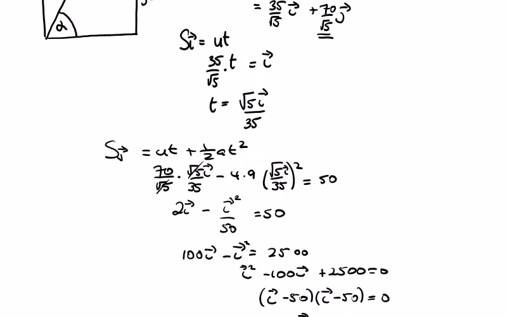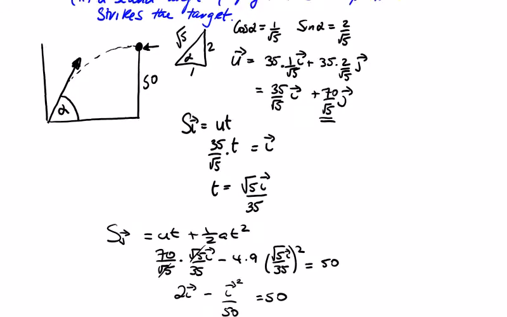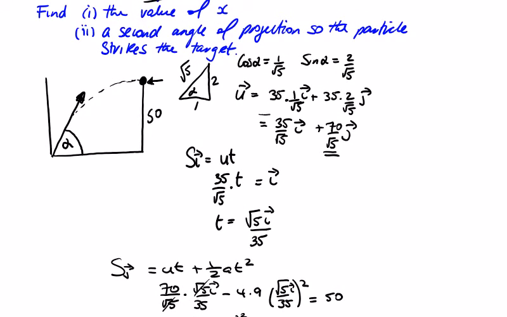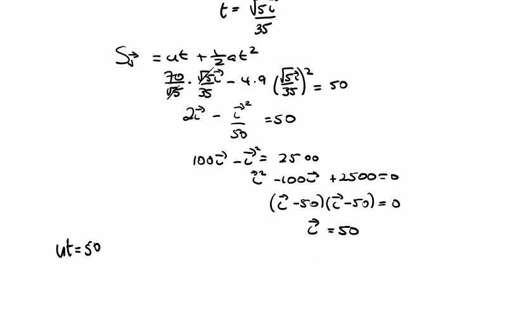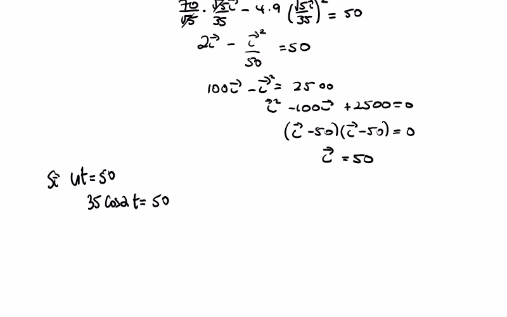So in the x we had 35 cos alpha times t is equal to 50 in the i. So we can say that time is equal to 50 over 35 cos alpha. That simplifies 5 into both. It's going to give me 10 over 7 cos alpha.